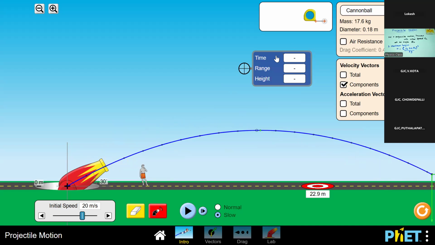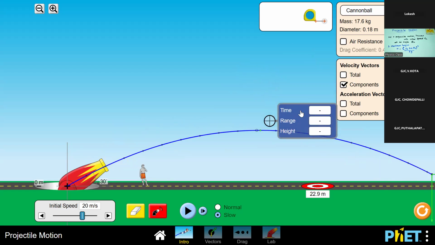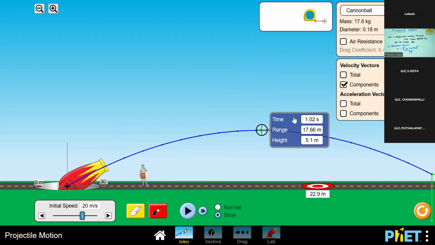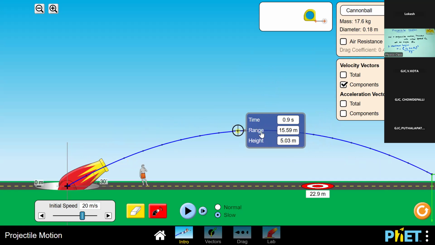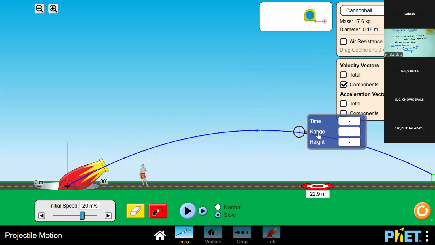Now you can check the maximum height. So you can see the time, range, and height. Height 5.1, here 5.03, here 4.94 meters.